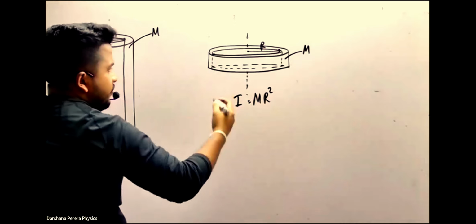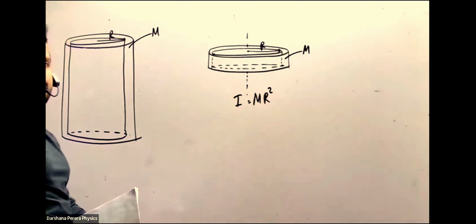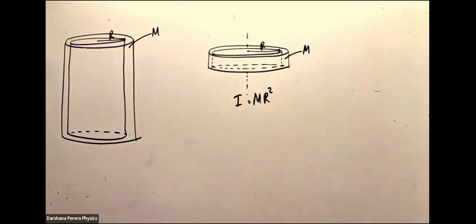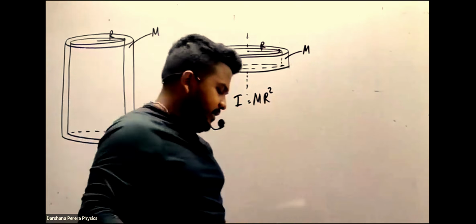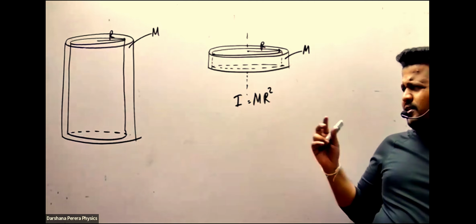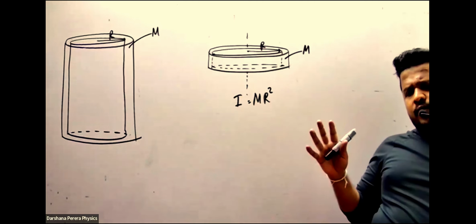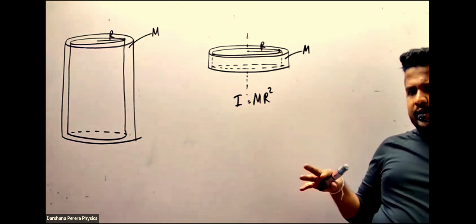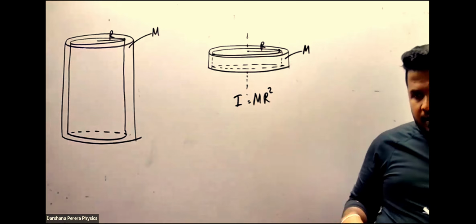Therefore, I of the hollow cylinder is higher than the I of the solid cylinder. What is the difference? The solid cylinder has an I lesser than the hollow cylinder.